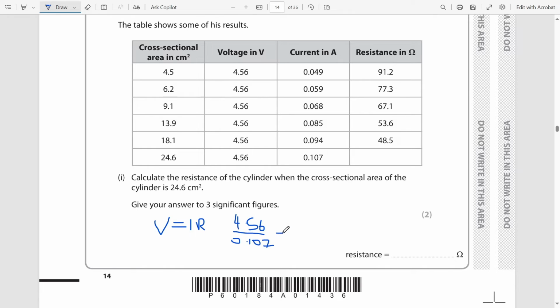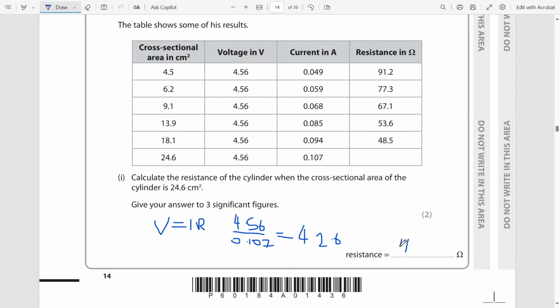0.107. That's going to equal, get your calculators out, guys, because if you try to do this in your head, congratulations if you manage to do it correctly, because I got 42.6168223.